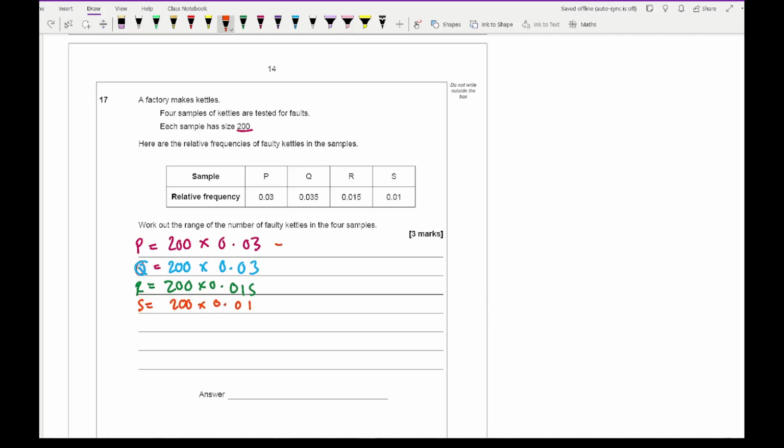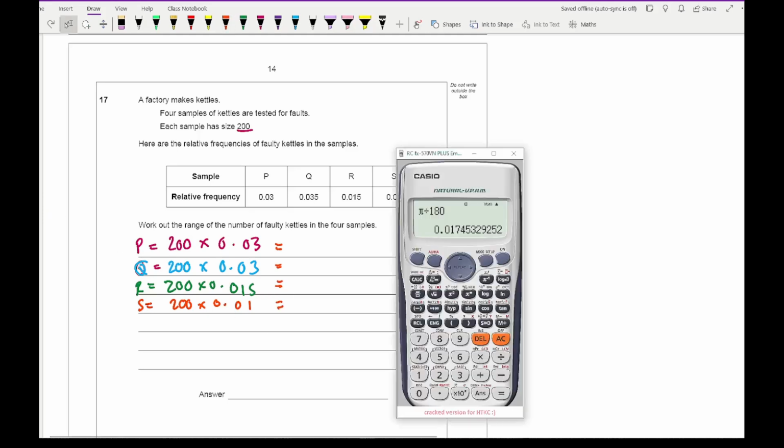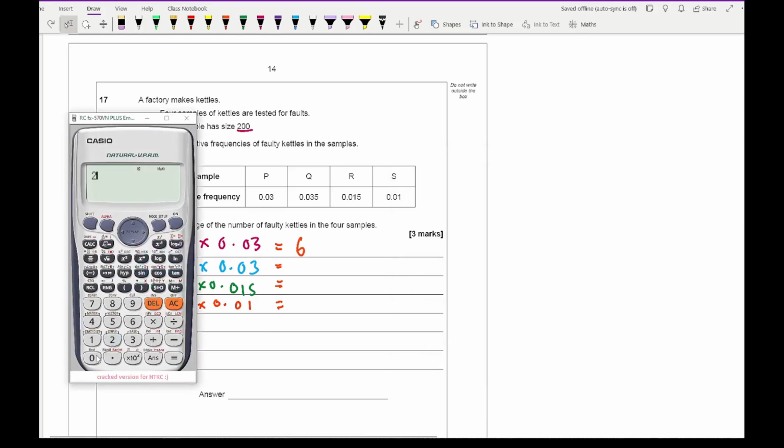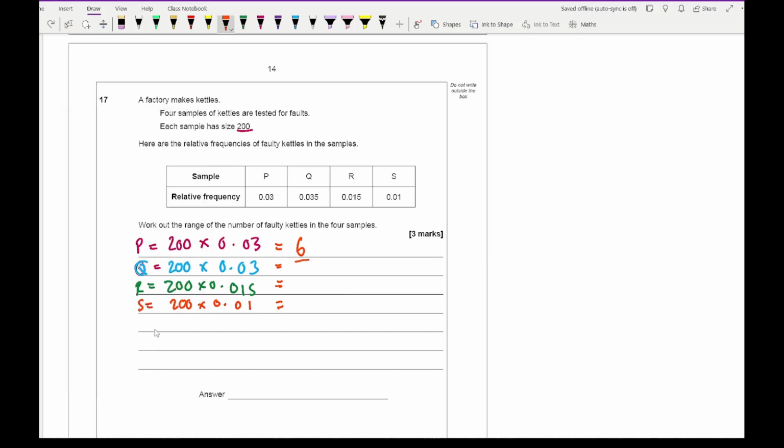Hopefully all of these will give me answers, which I'll do on my calculator. So working those out: 200 times 0.03 equals 6 for P, and for Q I've got 200 times 0.035, which gives me 7.